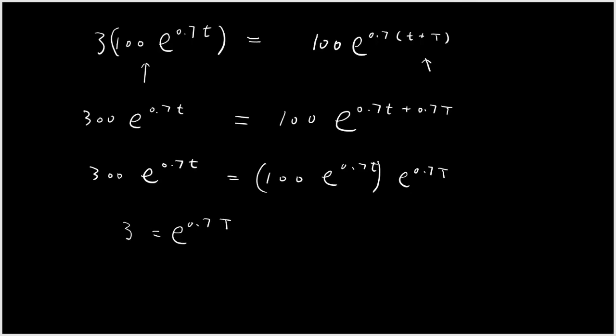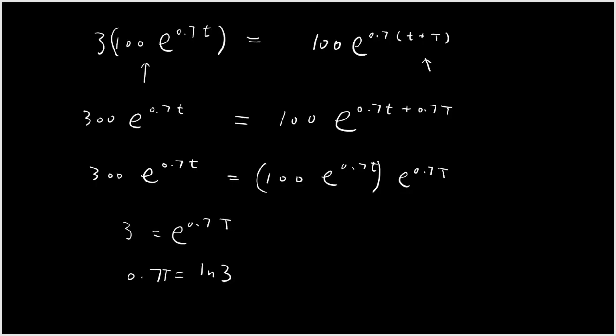Now we are ready to solve this equation for uppercase T. This equation is actually the same thing as 0.7T equals natural log of 3, if you can recall the definition of natural log. I mean 0.7 uppercase T is equal to natural log of 3.